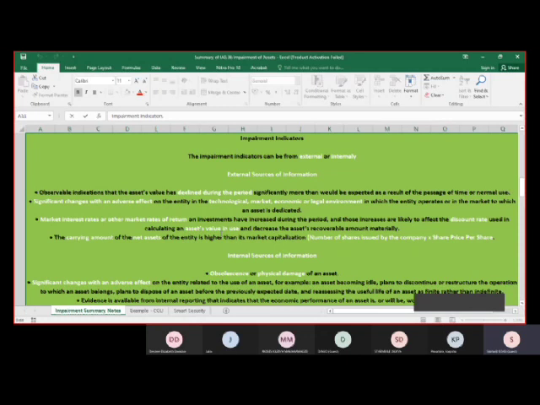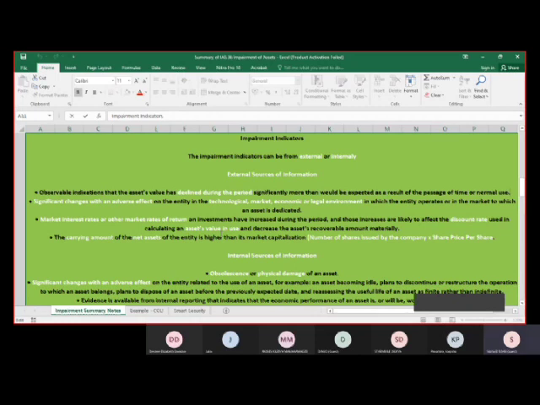So in that case, you might have an indication of impairment. It doesn't mean that the assets are impaired, but it might be an indication that an asset might be impaired. So you might have to go through that exercise to calculate the value in use for that asset, using the weighted average cost of capital to discount the cash flows.